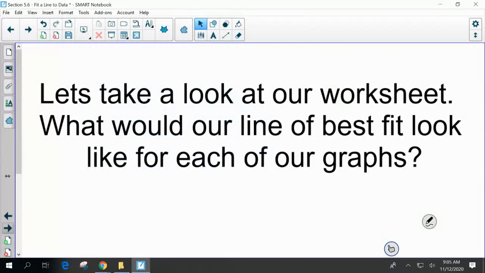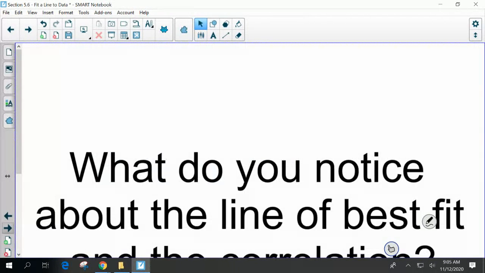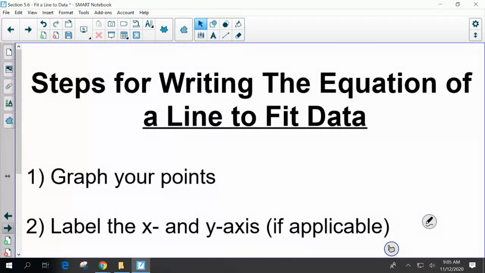So now we'll come back to that. We are going to write a line of best fit. All right, so I want you to look at where it says 5.6.